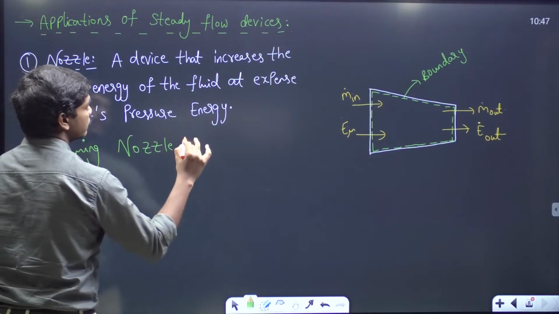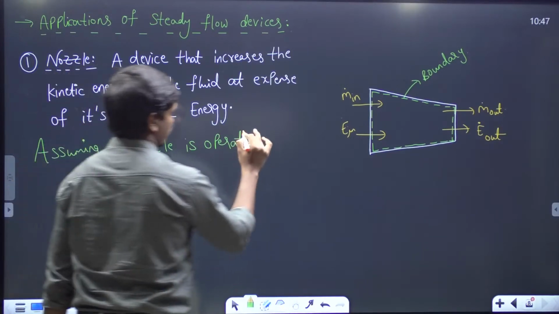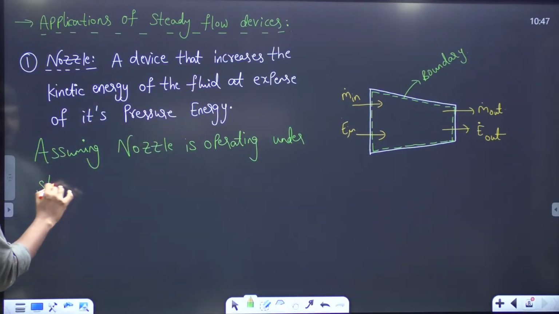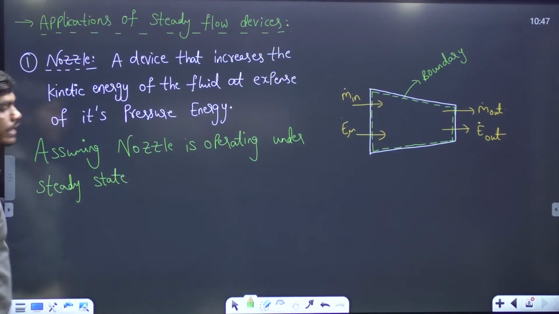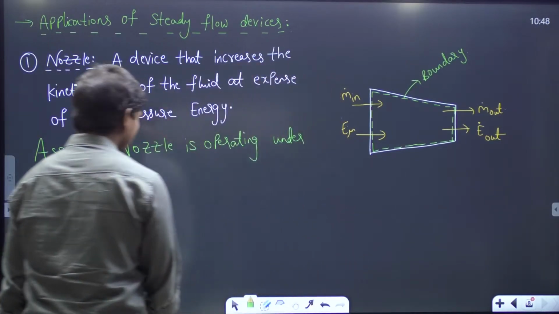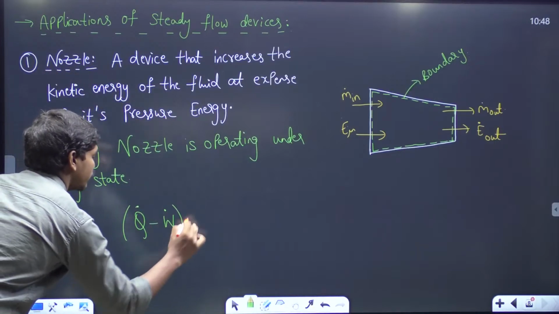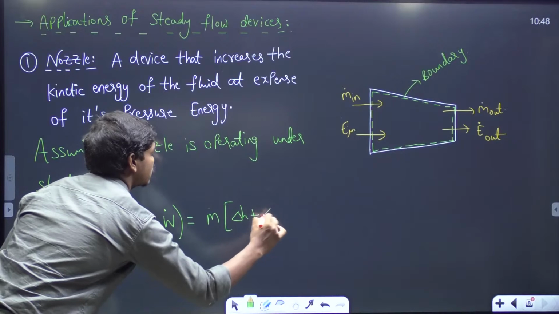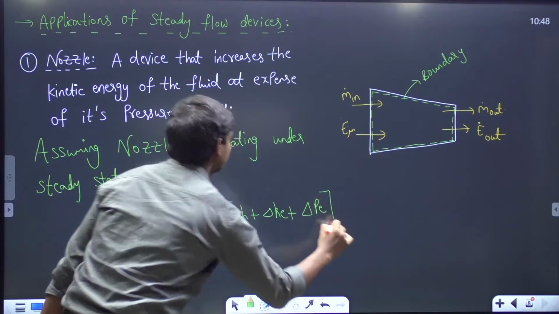Q dot minus W dot is equal to m dot into delta h plus delta KE plus delta PE, the potential energy changes.